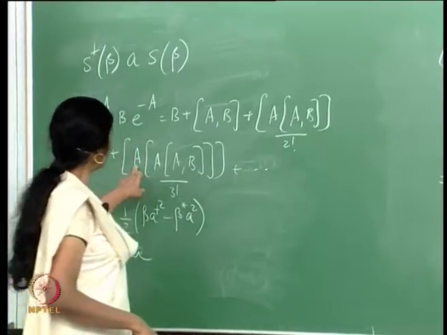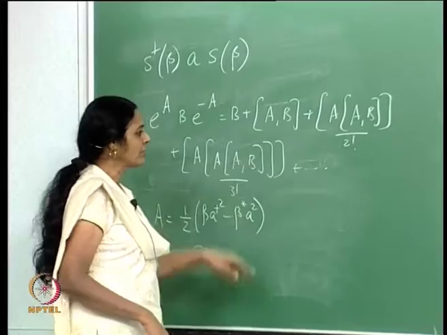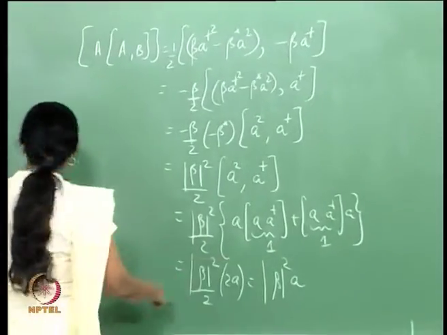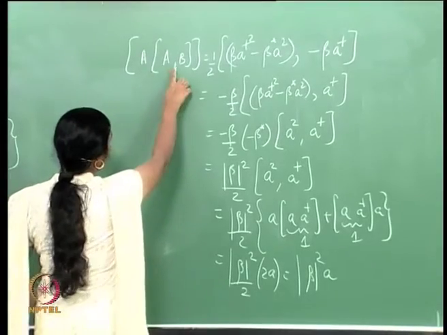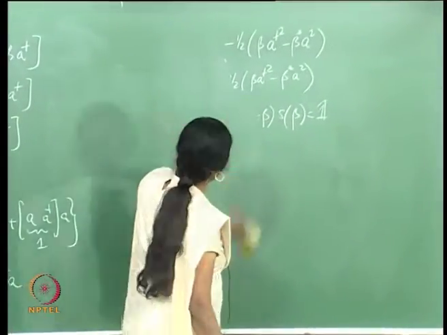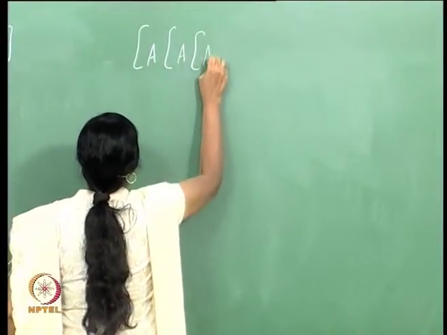Now I need to find the commutator of A with A with A with B by 3 factorial. So this object here is simply the commutator of A with B. So let us just do one more term, and that is the commutator of A with this object.